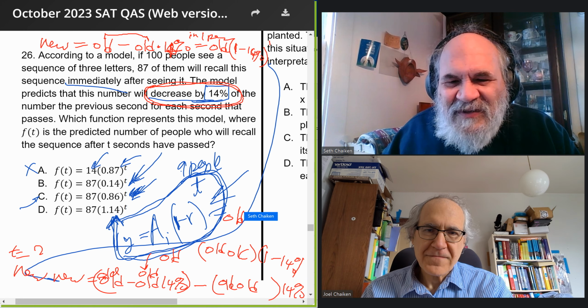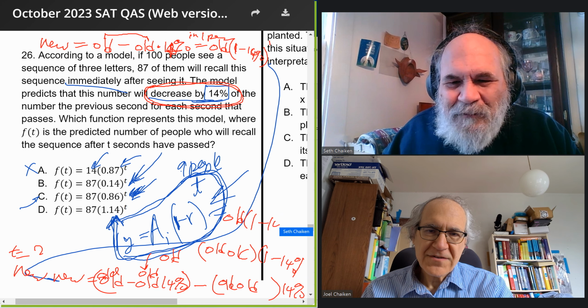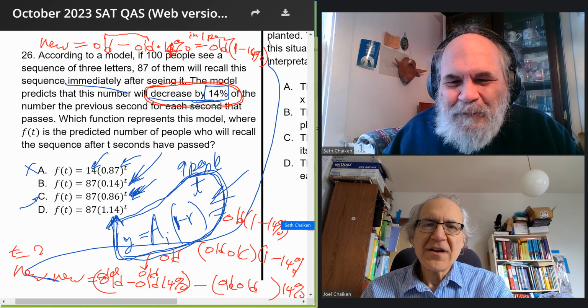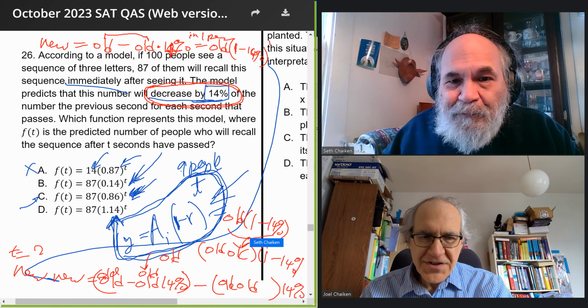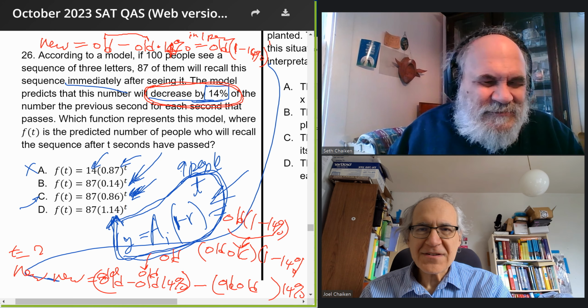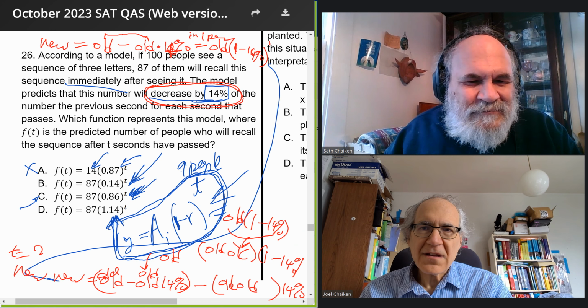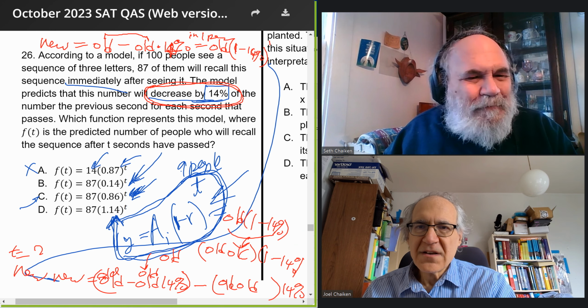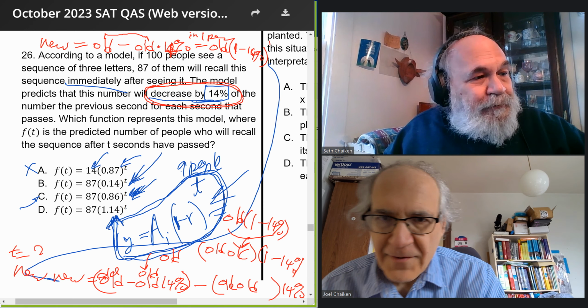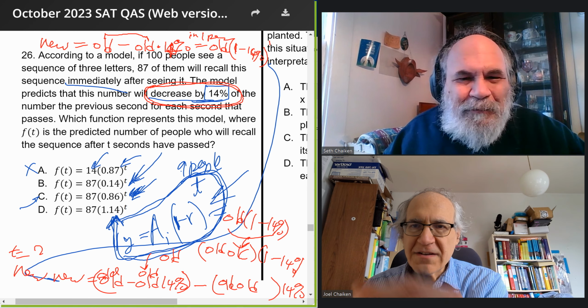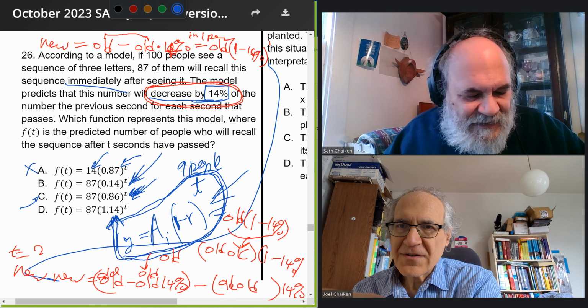So you just keep multiplying that factor, 1 minus 14%, as many times as it goes down 14%. So when you derive the equation, don't forget to factor using the greatest common factor.